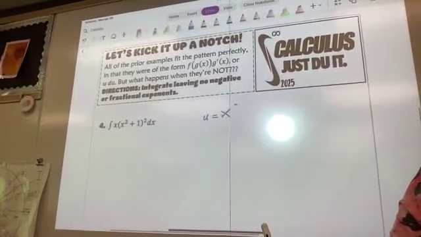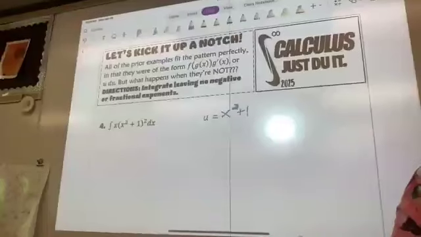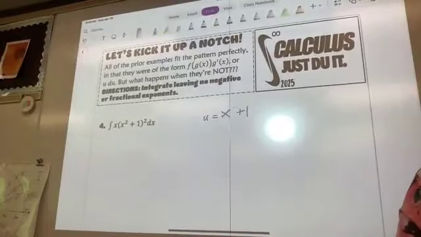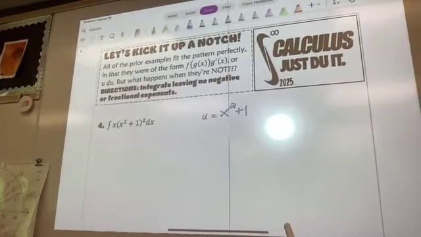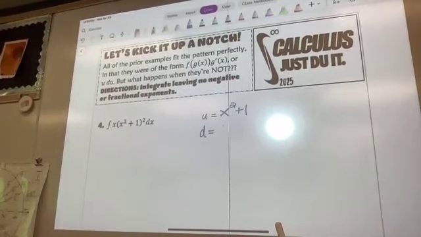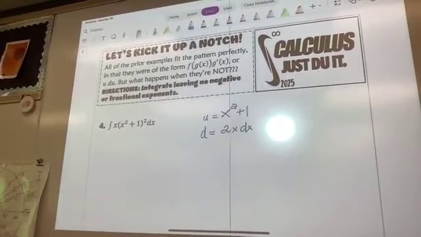When you have a quantity, that is typically your u. Sometimes you have to play around with it a little bit. As we get more advanced with integration, it's not as obvious. Okay, now du has to be what? 2x dx.